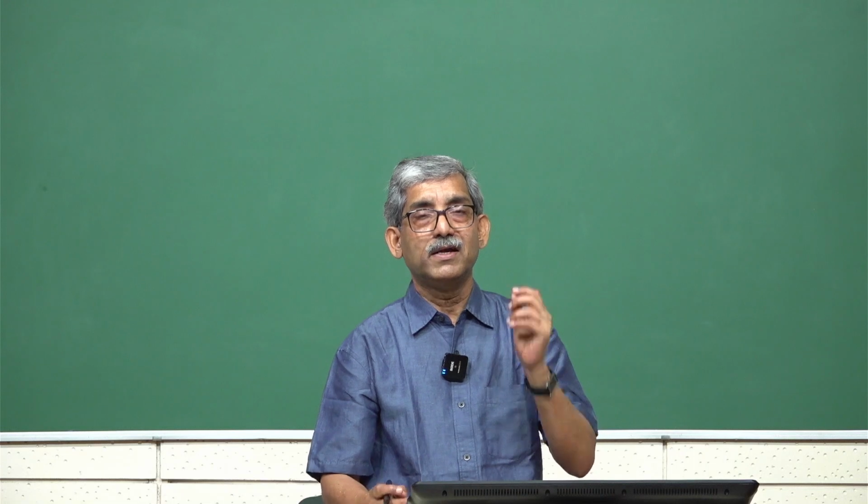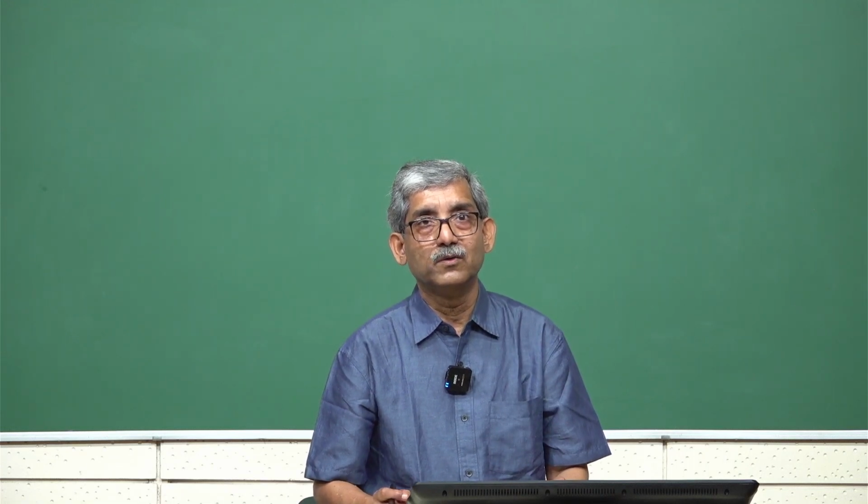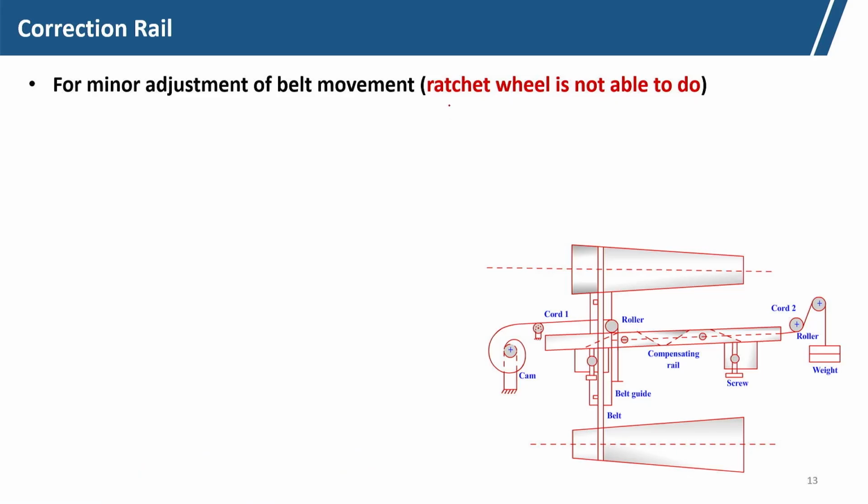So, for minor adjustment, what do we do? We use the correction rail. Typically when the ratchet releases the cord or rope, it will have a certain movement, but if the rail is inclined, the effective shift will be reduced.